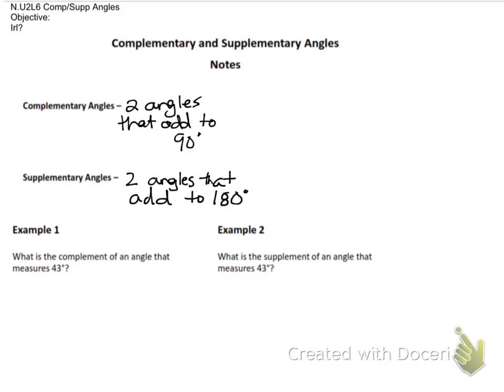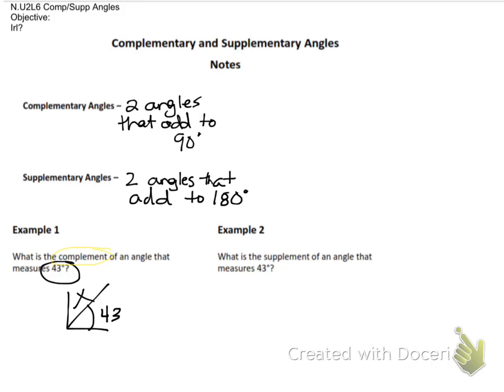Supplementary equals 180. So our first example here is asking, what is the complement of an angle that measures 43? Okay, so if it's saying that we're working with a complement, that means I'm looking at 90. We know that one of our angles is 43, but we're not sure what our other one is.